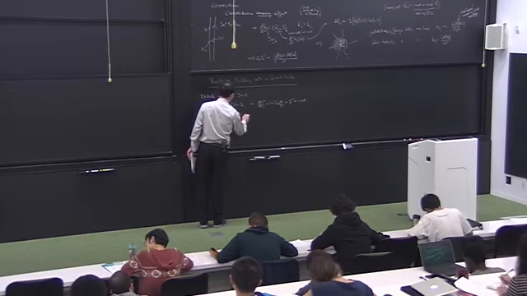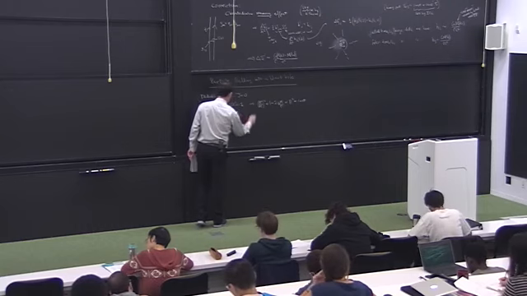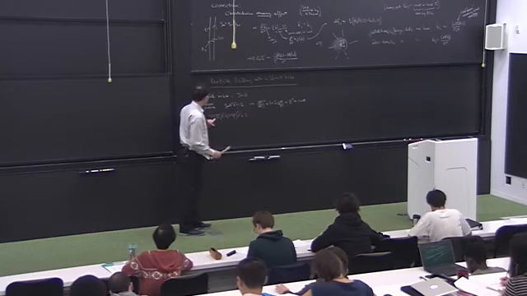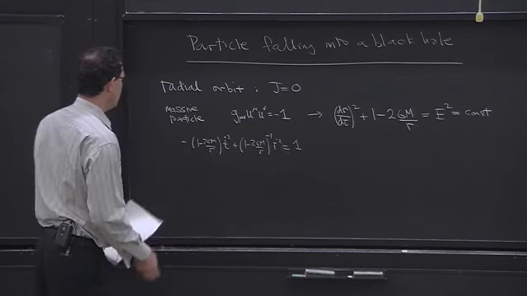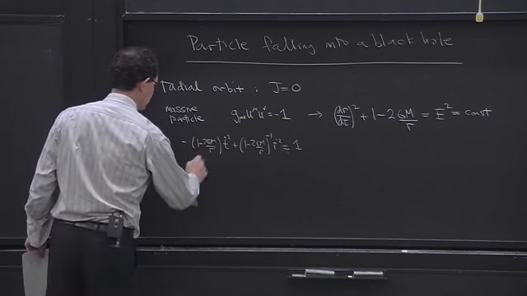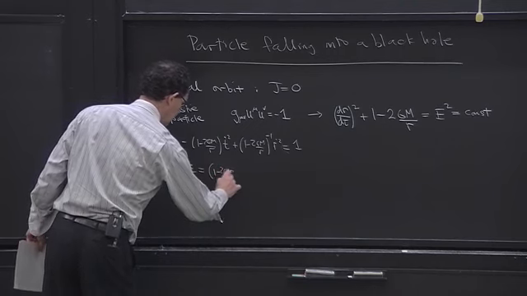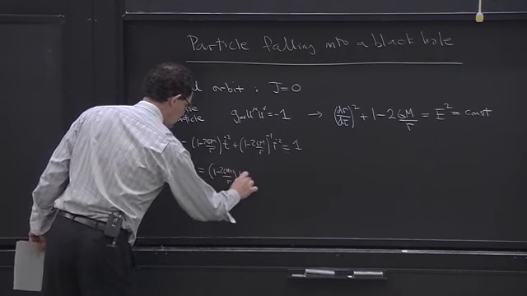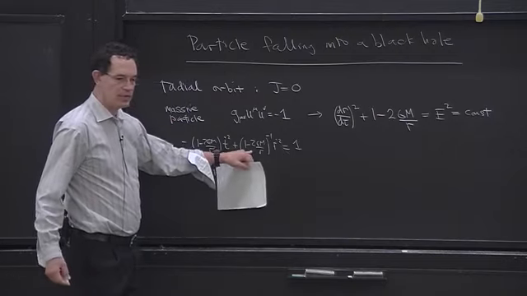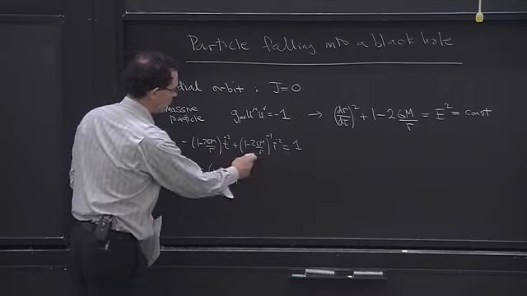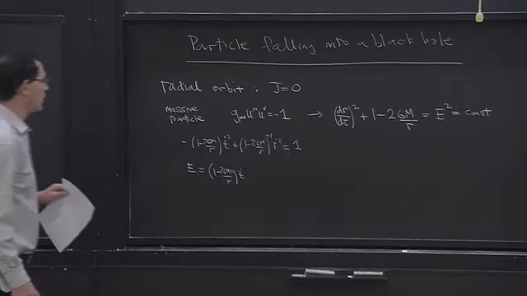For radial orbits, of course, d omega is 0. So this is 1. Then you say the energy is equal to 1 minus 2GM over r times t dot. Replace this term with E squared over this factor, multiply through by this factor, and you get exactly this formula.